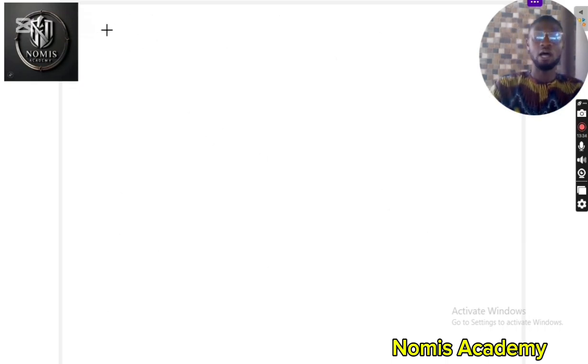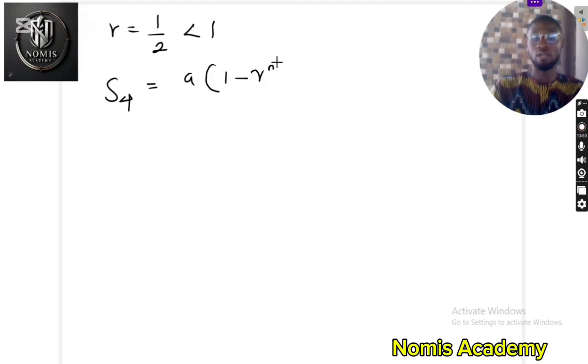So since r is equal to 1 over 2, which is less than 1, the sum of the first four terms is equal to a open bracket 1 minus r raised to the power of n close bracket all over 1 minus r. You can see this is what we are going to use since r is less than 1.